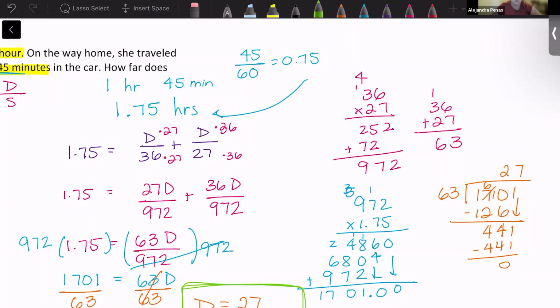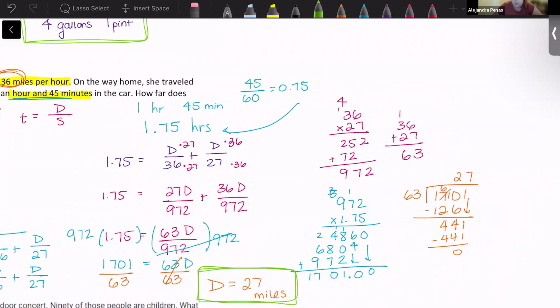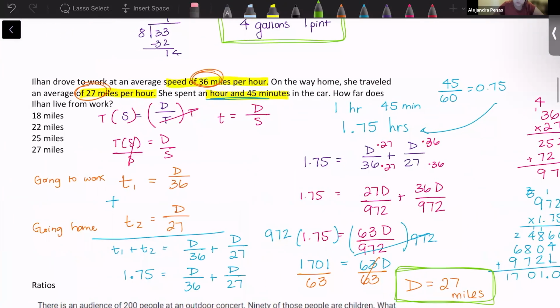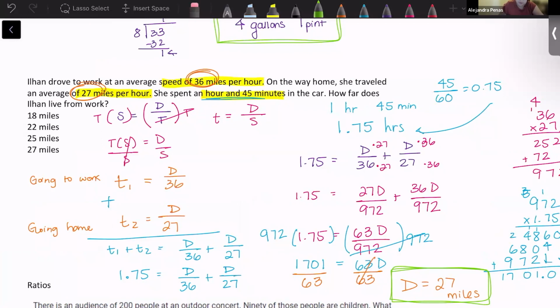I know this question is a lot. It's a lot. So just to kind of summarize the steps. Step number 1, we reorganize the speed formula to be a time formula. Step number 2, we wrote down the formulas for time of going and coming to work.